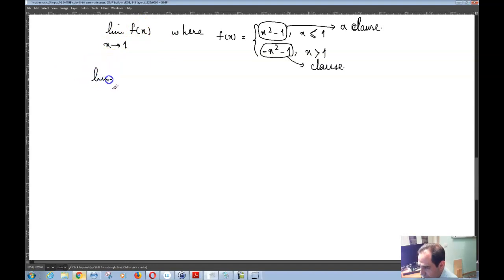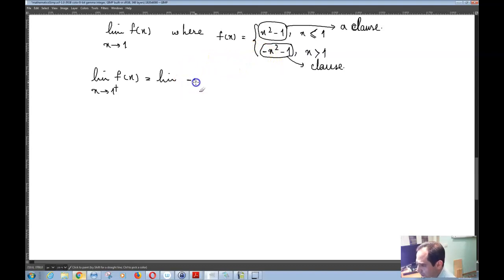So the limit of f of x when x tends to 1 from the right has to be done using this clause over here, which is for x greater than 1.